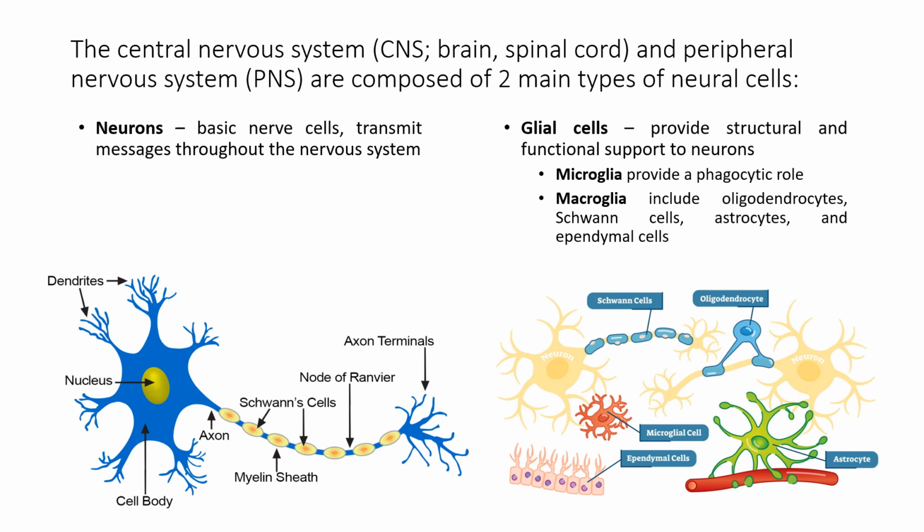One of them is the microglia, which provide a phagocytic role in the sense that it destroys invading microorganisms, removes cell debris, and promotes tissue repair. And then there's also the macroglia, which includes cells such as oligodendrocytes, Schwann cells, astrocytes, and ependymal cells, all of which have a variety of supportive functions within the nervous system.